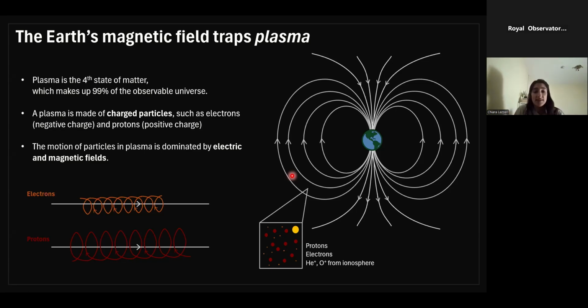A plasma is a gas of charged particles where we have approximately an even number of positive and negative charges. The plasma that is trapped by our planet's magnetic field is mostly made up of protons, electrons, then some heavier ions like helium and oxygen that come from our atmosphere.